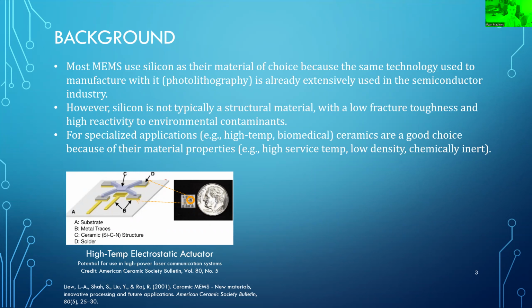And so for certain applications, such as high temperature or biomedical, ceramics are a better choice because they do have better properties suited to those, such as they are chemically inert and they have a very high service temperature. They can withstand temperatures that silicon can't. An example is a high temperature electrostatic actuator, which can be used to detect lasers and change the voltage based on the input of the laser.